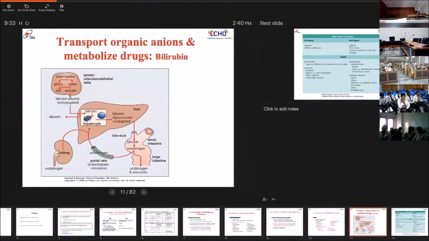This shows the metabolism of bilirubin. Bilirubin is formed from heme, which is a product of degradation of hemoglobin. Bilirubin is bound to albumin and transferred to the liver, where it is taken up by the hepatocyte and albumin is released.